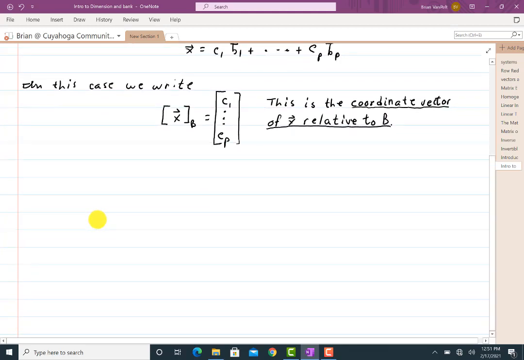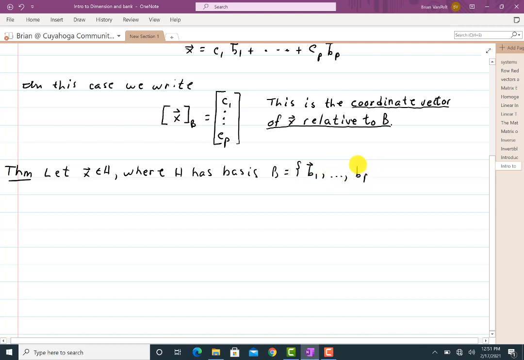So let's start off with a theorem. Let X be a vector in H, where H has basis B equal to B1 up to BP.